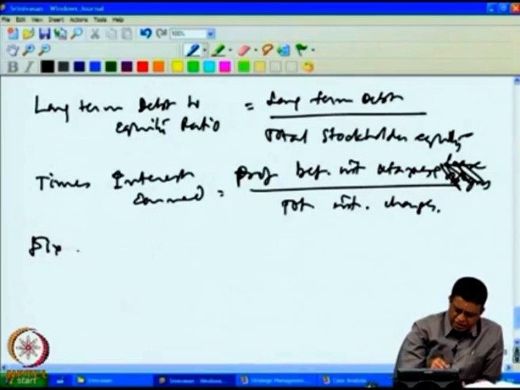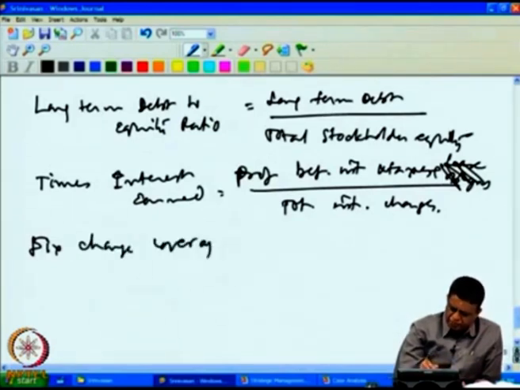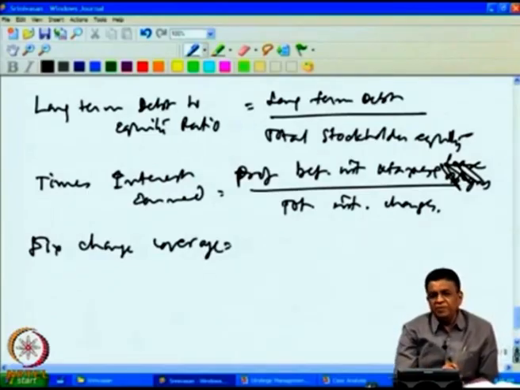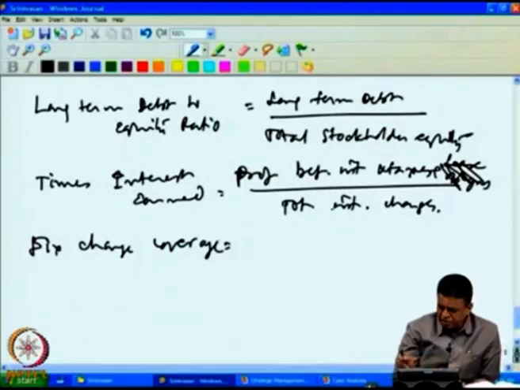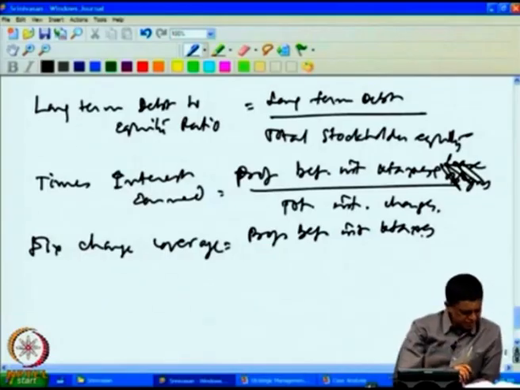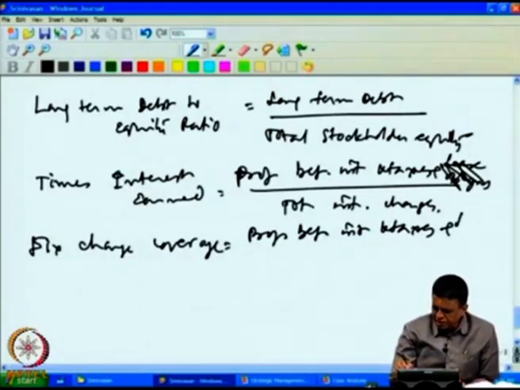Suppose you want to do that, then you are going to take into account the lease obligations, that is the profit before interest and taxes plus the lease obligations.